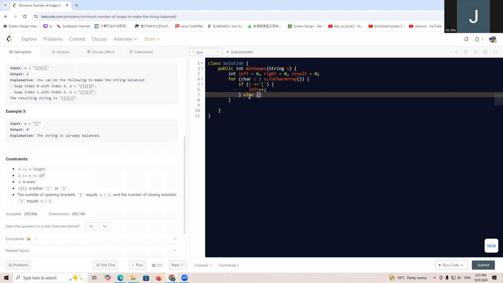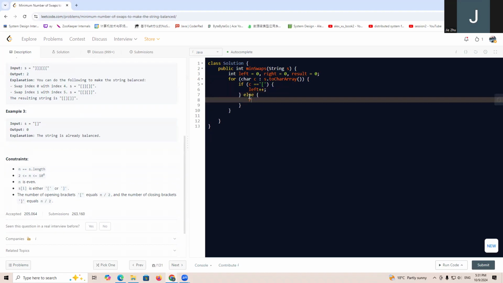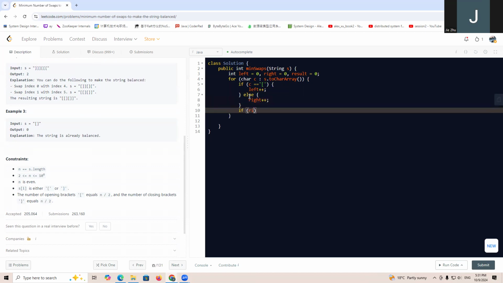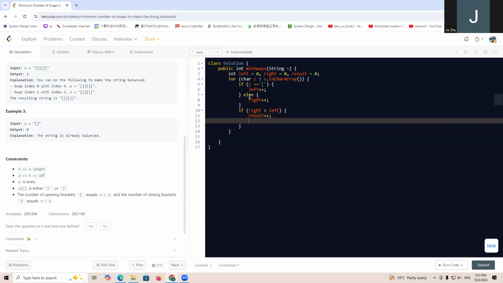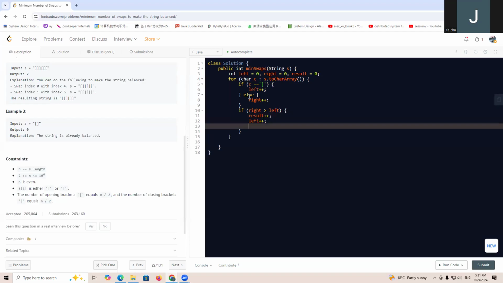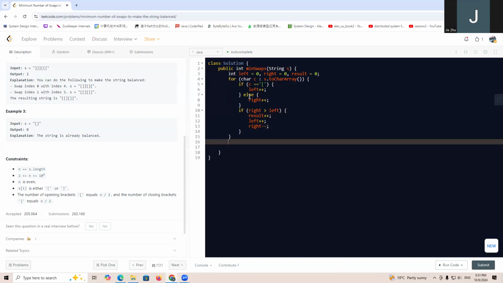So else, right plus plus. Then if right is greater than left, as for the swap, first we need one swap, result plus plus. And for the swap, it does two things: the left will increase by one, and the right should decrease by one. And in the end, we return result.